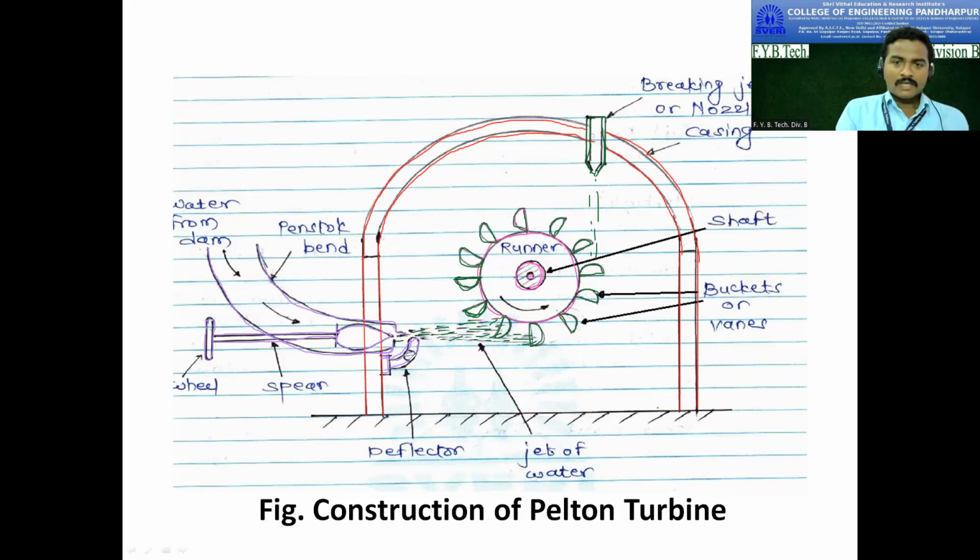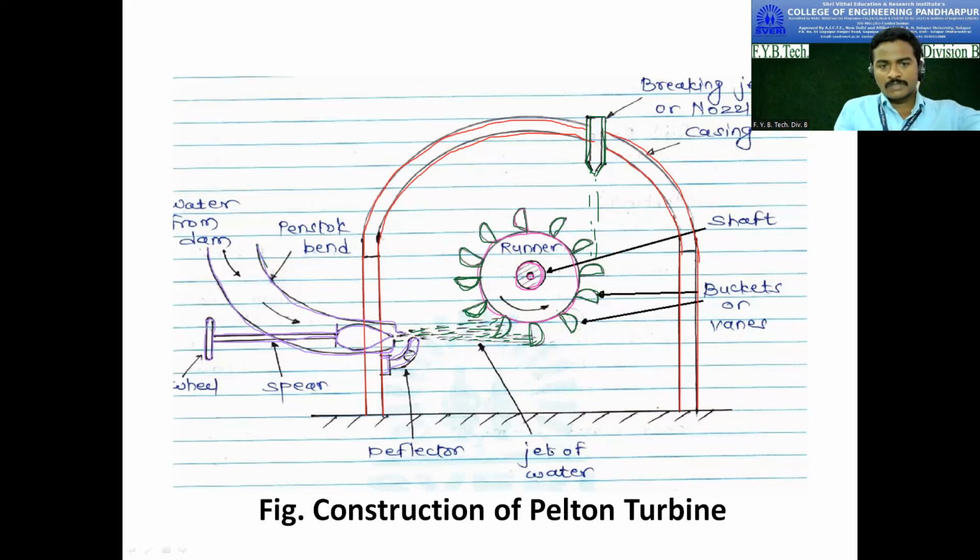Okay. Now let us understand the working of a Pelton turbine. Let's see how exactly the Pelton turbine works. So water in the dam is stored, and it possesses potential energy.